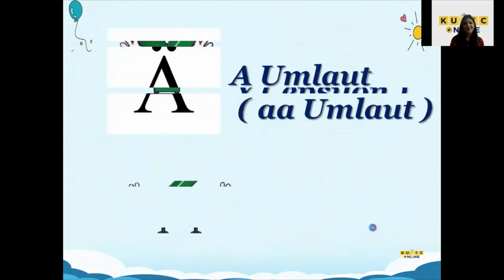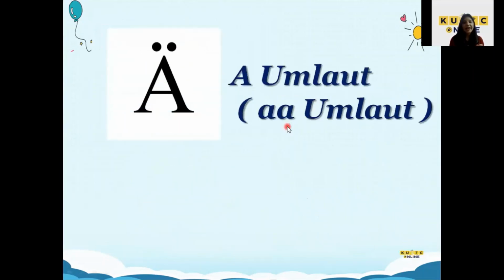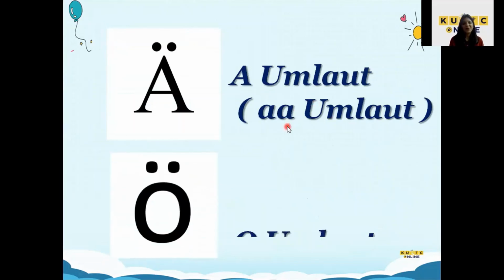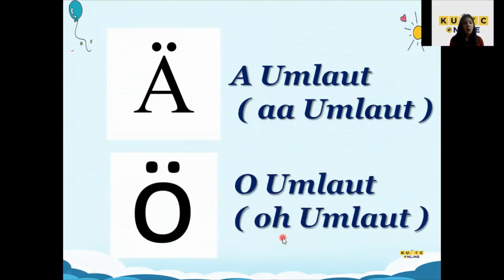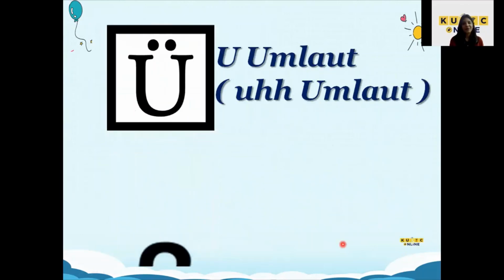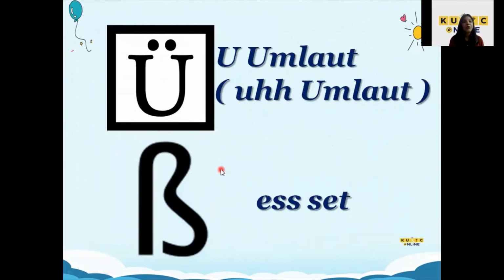Umlaut, A. O umlaut, Ö. U umlaut, Ü. And the last letter in German, S set. Good. Now you know the alphabets in German from A to Z.